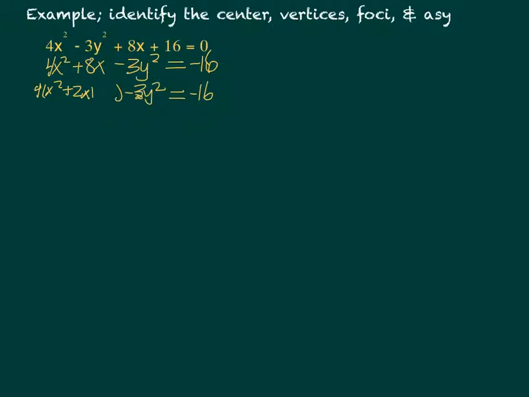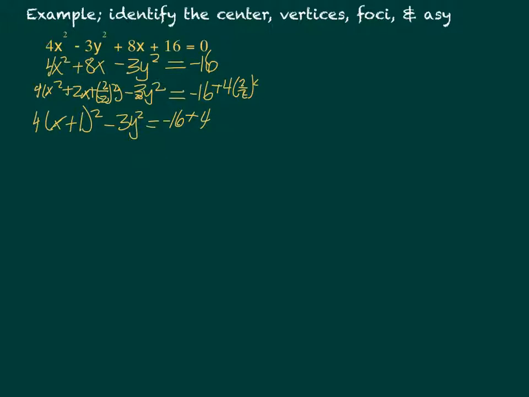Now my completed square: plus 2 over 2 quantity squared plus 4 times 2 over 2 quantity squared. So that's going to give me my completed square of 4 times x plus 1 quantity squared minus 3y squared equals negative 16 plus 4 times 1.